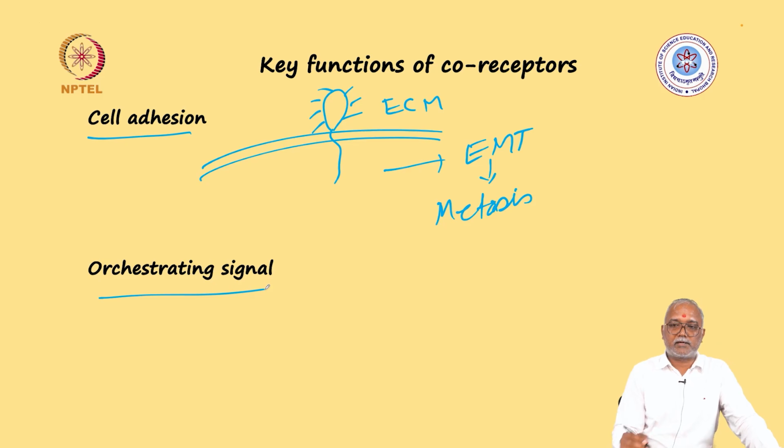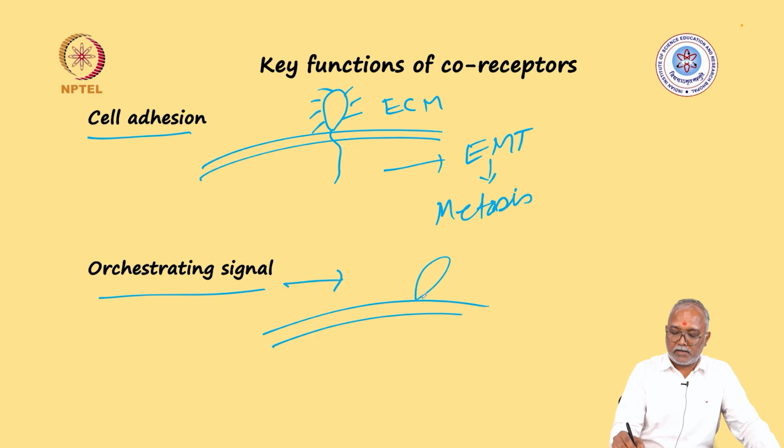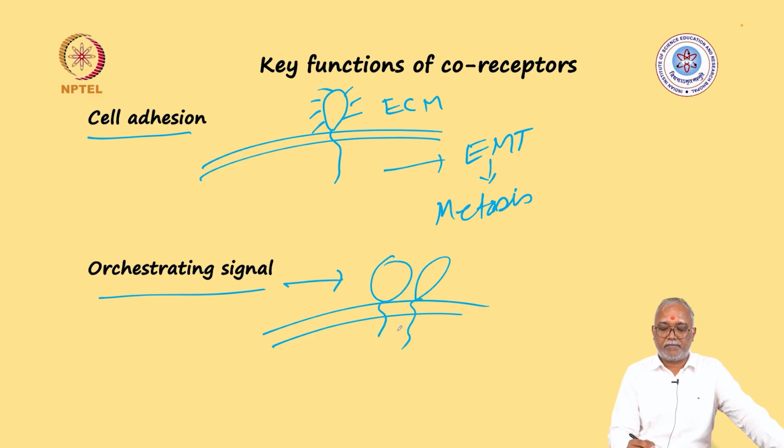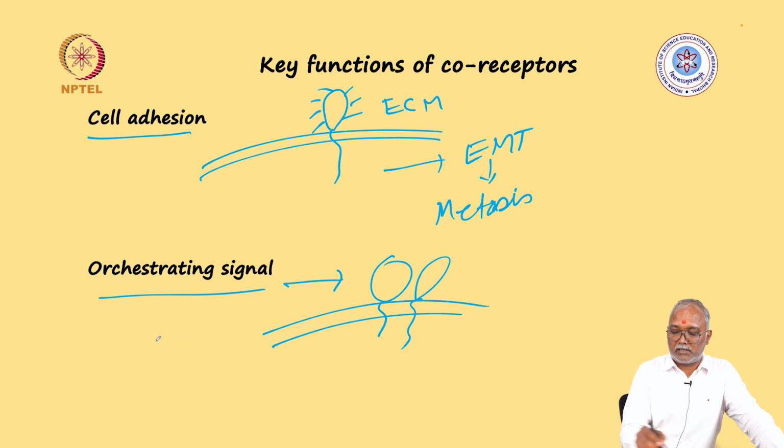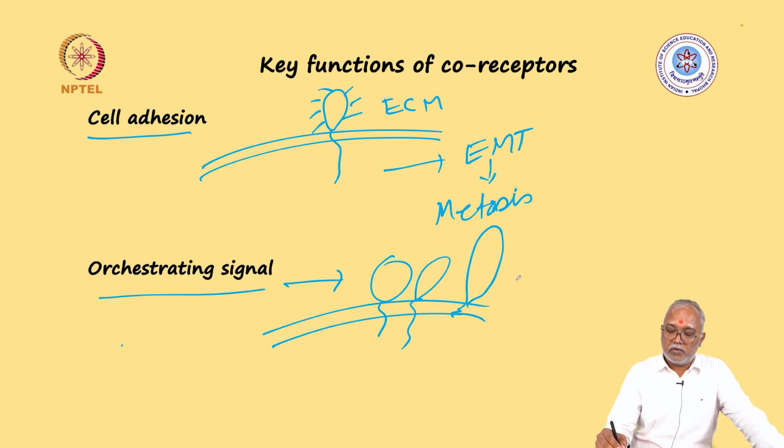Then it helps in the orchestration of the signal, because it will ensure that certain important molecules which are interacting with them will be present over there. You can also think of it from the perspective that there was a set of receptors which we saw in this case, which had the GPI anchor. So all the molecules which are required for activation of the signaling could be tethered to this GPI region to form a cluster.